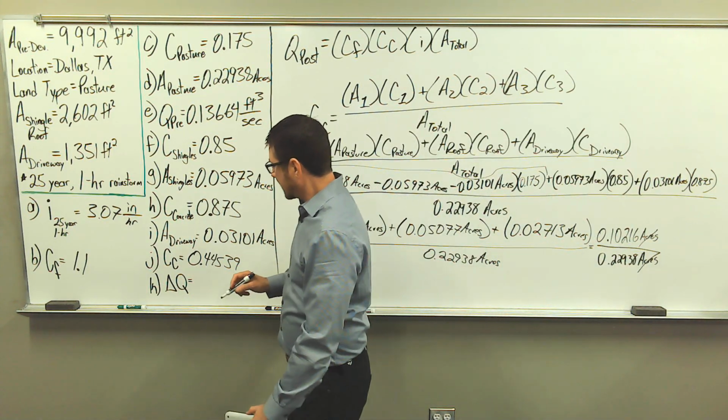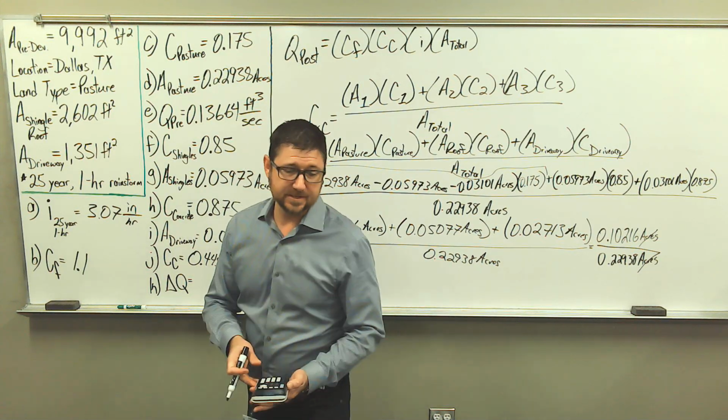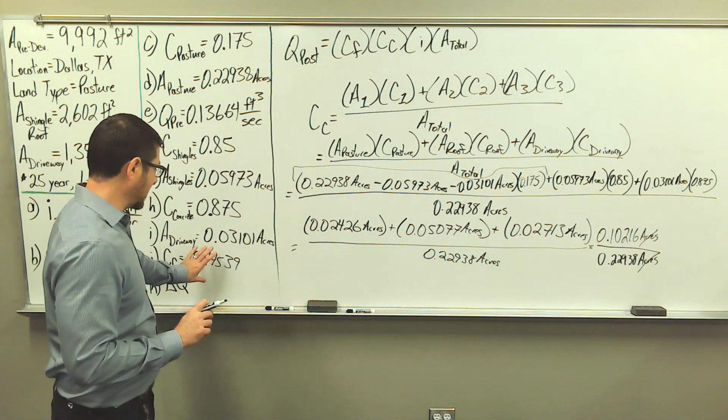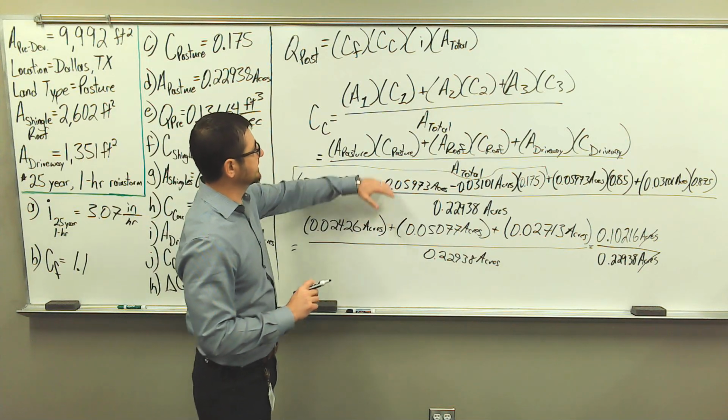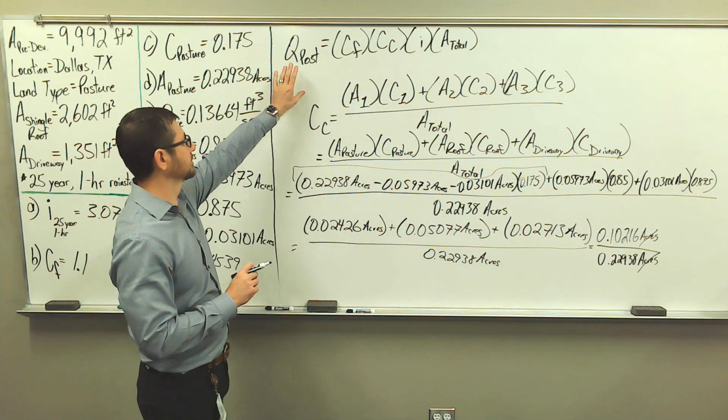Okay? Now, what we need to do is calculate the post-development runoff rate. So we've got this value. I'm going to go ahead and erase this, and we're going to go back to our rational formula here.